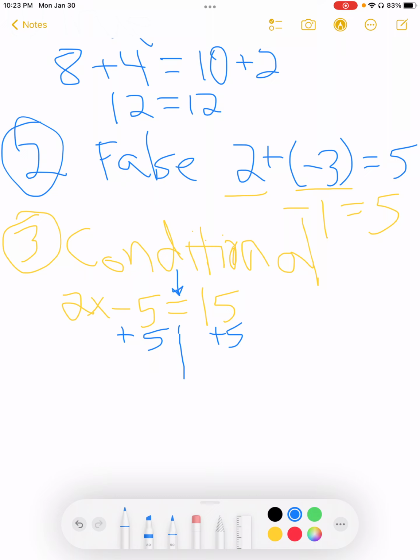Then over here, I'll have 2x left, and it'll equal 20. Now at this point you can see that I divide both sides by 2, because this is 2 times x, and then I have 20. So then I do 20 divided by 2, and say, okay, well, then x is equal to 10.